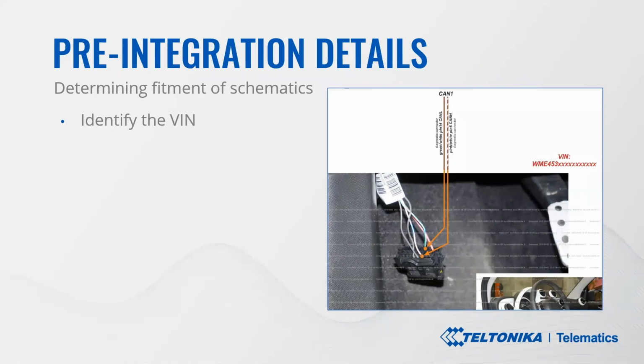As presented here, this schematic can be used for models starting with a specific VIN number. This means you can make sure it will fit and you will receive the parameters using this program number and the schematic. Also, there are ways to follow information and confirm the fitting of a schematic by identifying the model and make year separately.